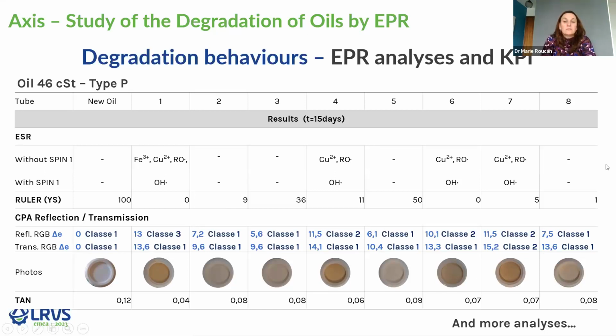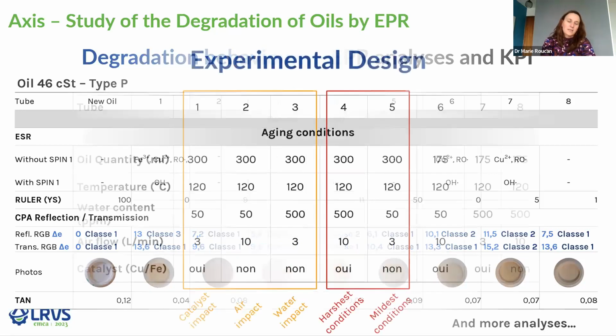About the TAN, we didn't see much of an increase in it, but that may be because the oil wasn't aged enough. We did more analyses, but I focused on the ones that seemed important.